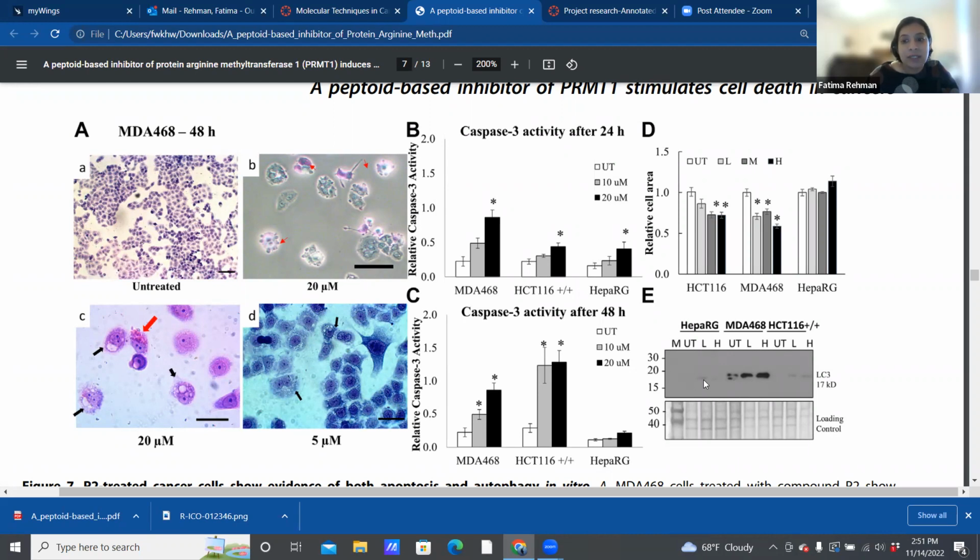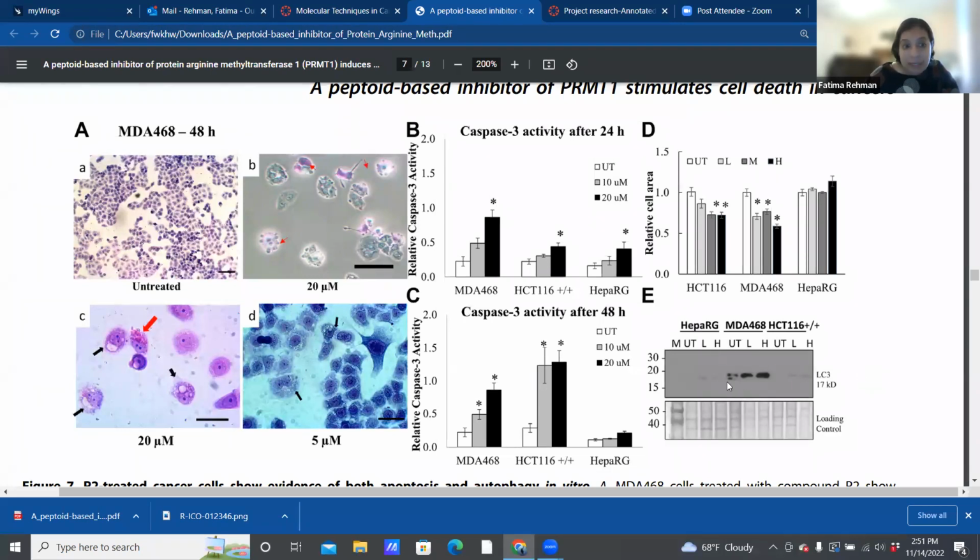In HepaRG, there's very little, but HCT116 also shows an upregulation, but not to the same extent. In HepaRG, you wouldn't see too much of a response. MDA seems to be more focused on autophagy, and in HCT116, the death seems to be more focused on caspase.